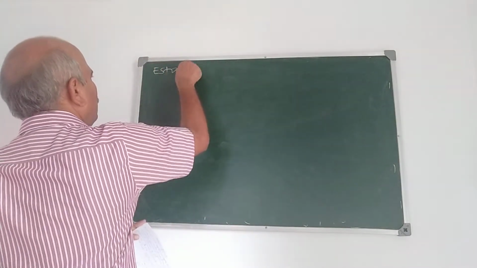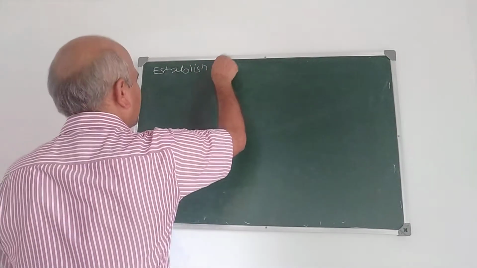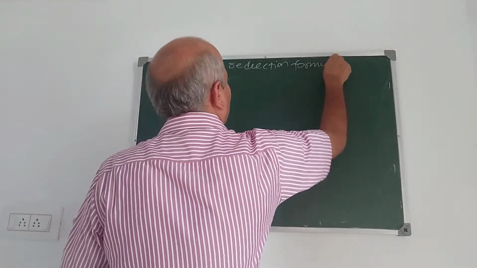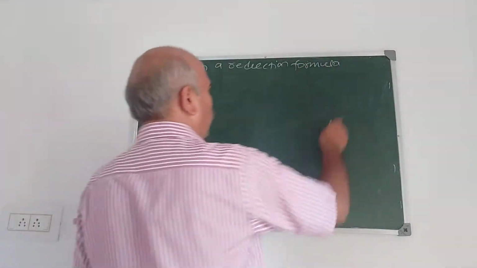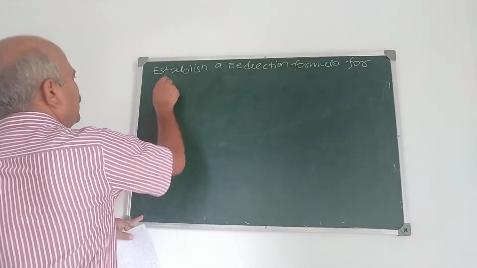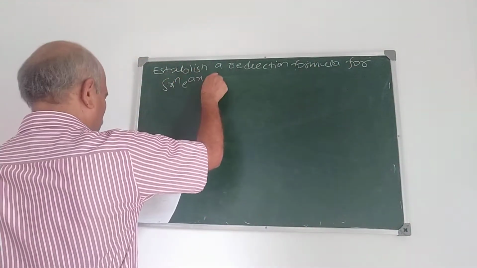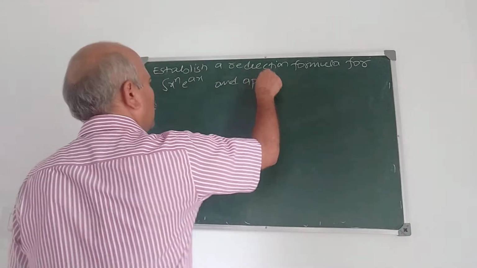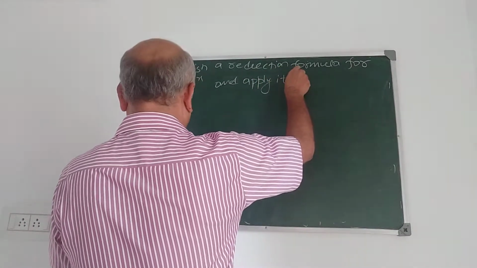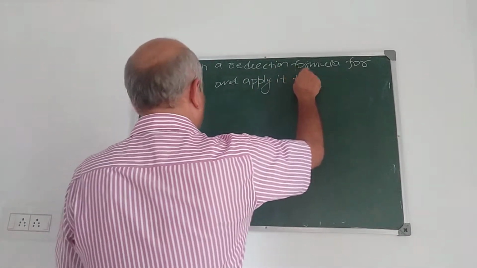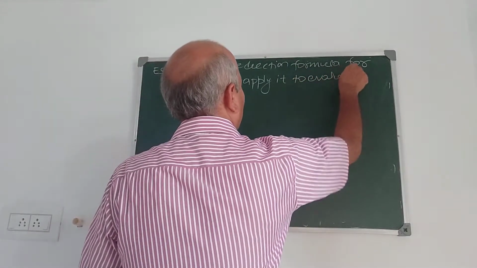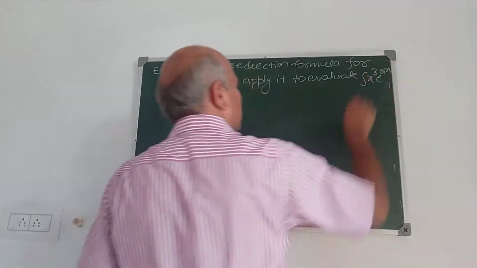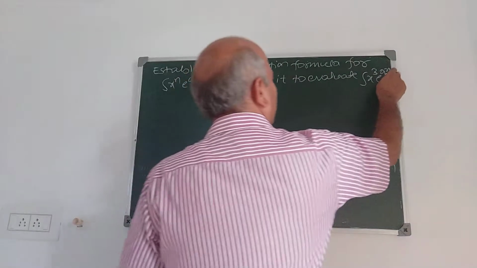Establish a reduction formula for integral x raised to n e raised to ax and apply it to evaluate integral x cube e raised to ax with respect to x.